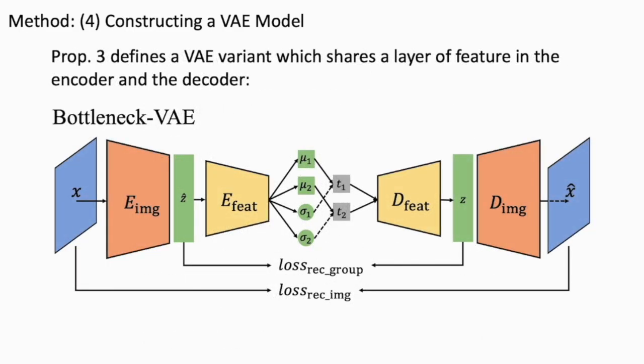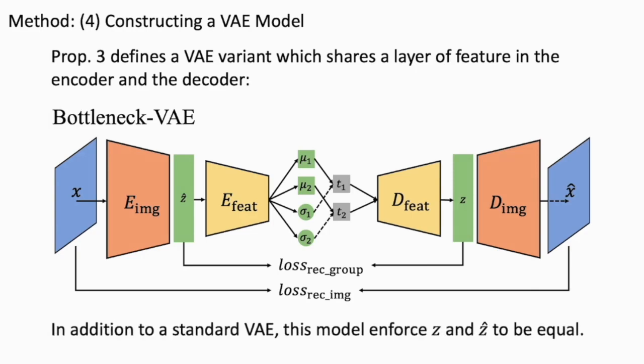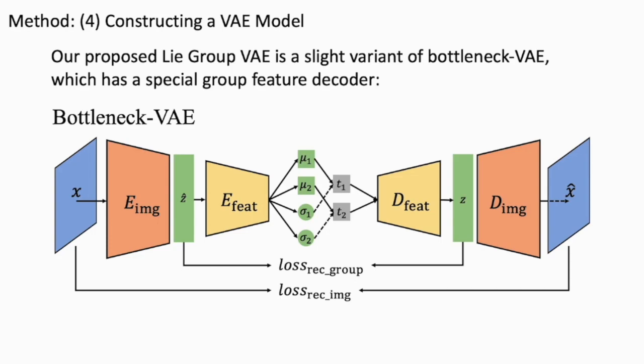The proposition 3 defines a VAE variant which shares a layer of feature between the encoder and the decoder. In this illustration, it will enforce Z and Z hat to be equal. Our Lie group VAE is a slight variant of the bottleneck VAE, which has a special group feature decoder.